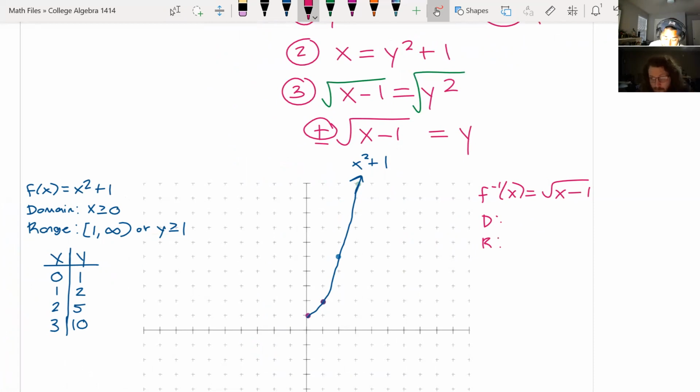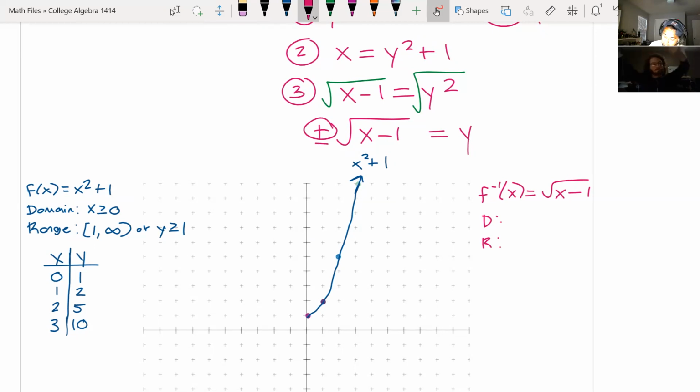Remember when you have an inverse, your domain and range switch those around.